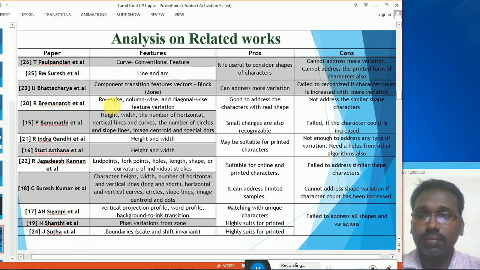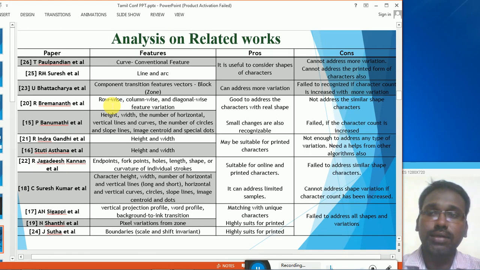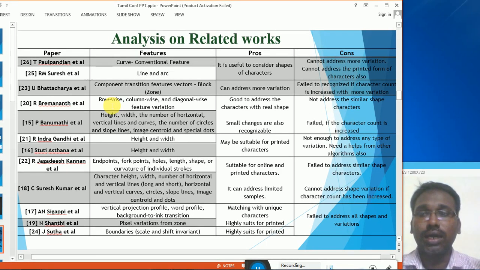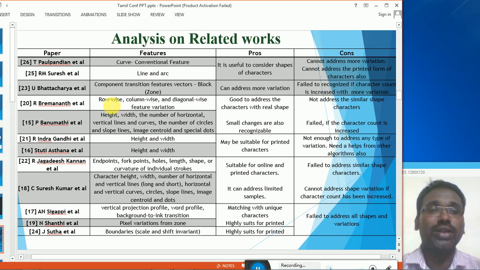Indira Gandhi and her team used height and width as features, and Studi also used height and width. Height and width are highly suitable for printed text, but not enough to address any type of variation; they need help from other algorithms.